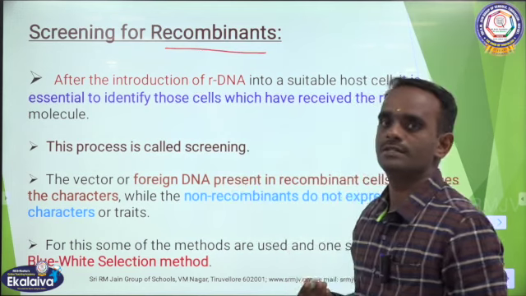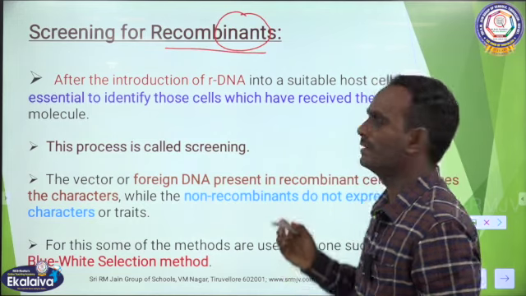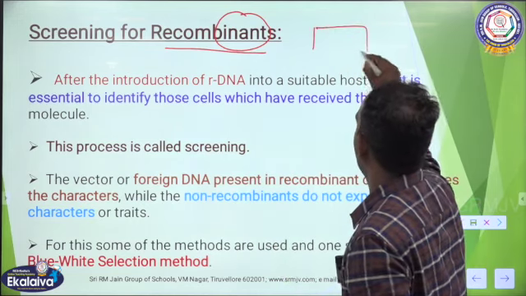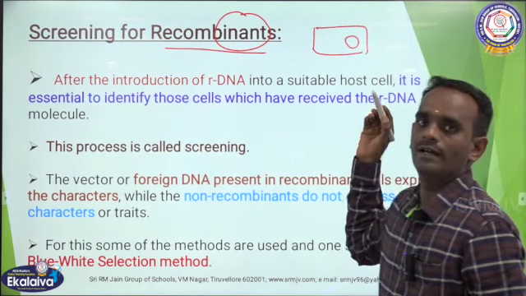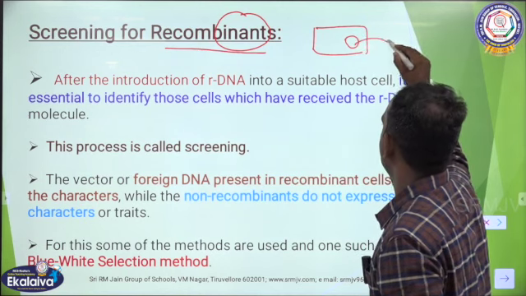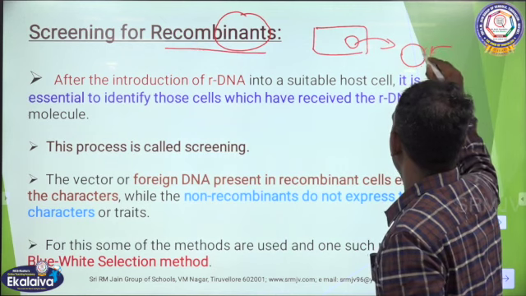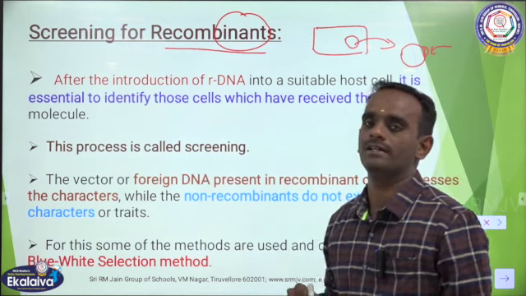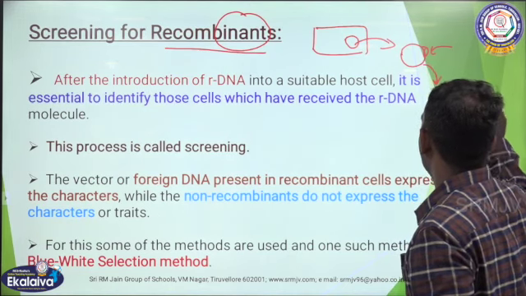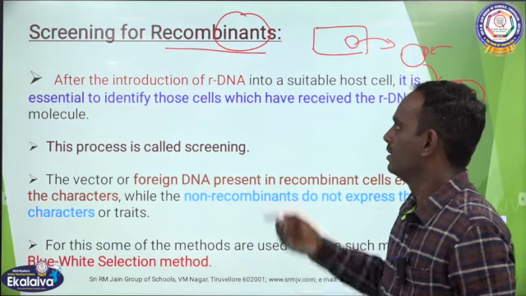What is a recombinant? It is a bacterial cell having a vector. You isolate the vector and insert a gene of interest into that plasmid vector. Now we get the recombinant DNA, or recombinant plasmid, or recombinant vector, right.